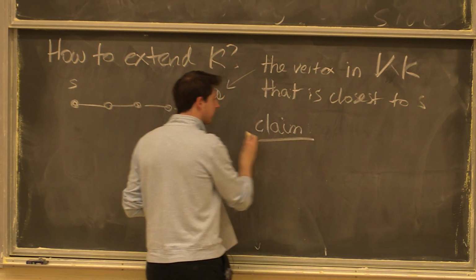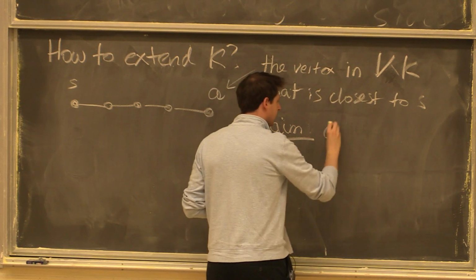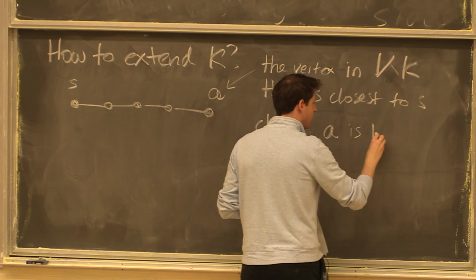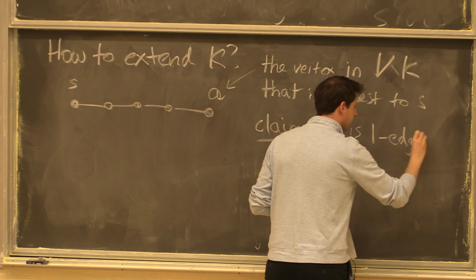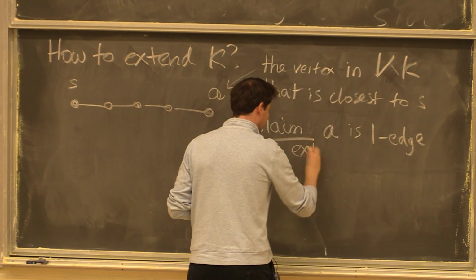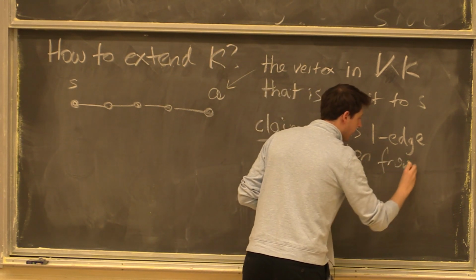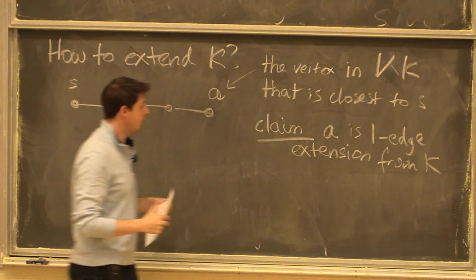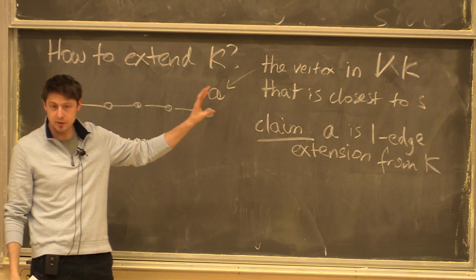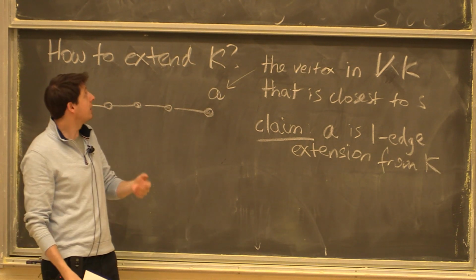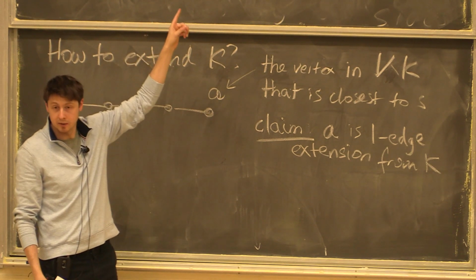So now I want to argue a claim: A is a one-edge extension from K. So now we're saying we define A to be the closest to S outside of K, and now we want to claim that it must be one out of those up there.